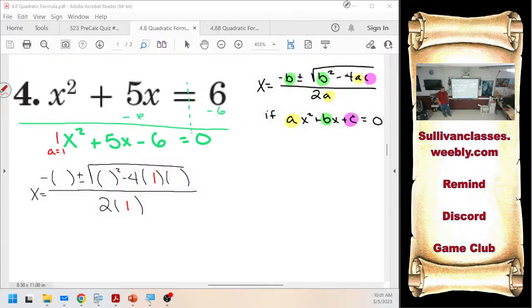You plug in the numbers, you chug through the arithmetic. B is 5. So everywhere that I saw a B in the formula, I put a 5. And C is negative 6. I put it right there. Okay? Plug and chug. You put the numbers in the spots.